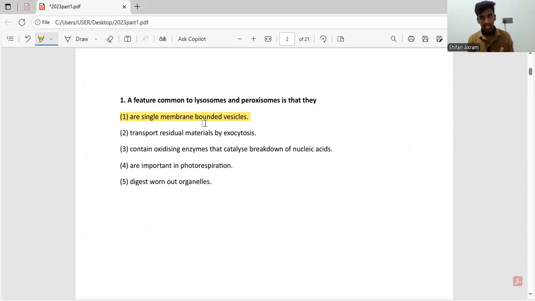Lysosomes are vesicles, so they engulf these unwanted materials and fuse with the cell membrane and open up the substances to the extracellular matrix. So transporting residual materials is a function of the lysosomes.